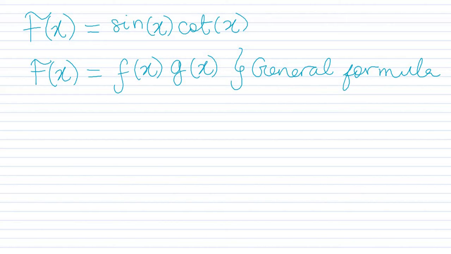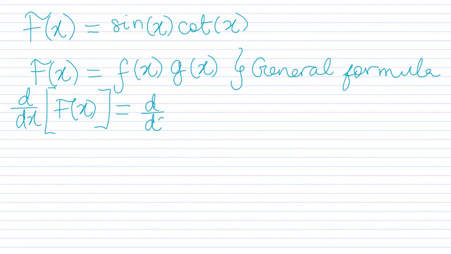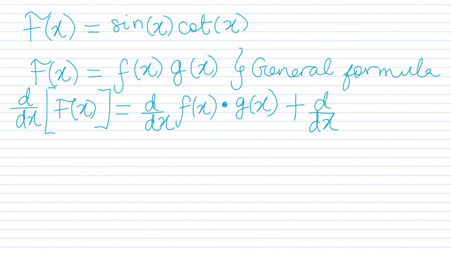And in order for us to find the derivative of a question like that, we have to apply something called the product rule. When we apply the product rule, we get the derivative of the first subfunction, small f prime of x, multiplied by the second subfunction by itself, g of x, plus the derivative of the second subfunction, g prime of x, multiplied by the first subfunction, small f of x.